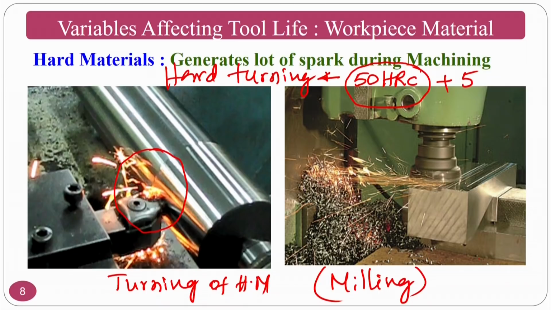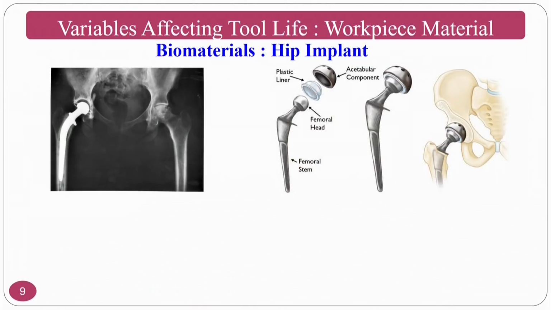Now we come to the machining of biomaterials. You have seen the hard materials, the soft materials, and the ductile and hard materials. Whenever you are going for implant materials like hip implant or knee implant, the first thing you check is whether the material is biocompatible or bio-inert.